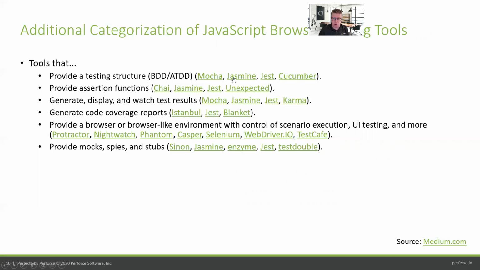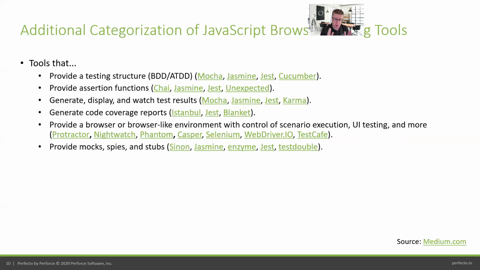Just to name a few, Mocha, Jasmine, and Jest are definitely very important test execution frameworks. You can also look at code coverage solutions that are supported by Selenium, like Istanbul.